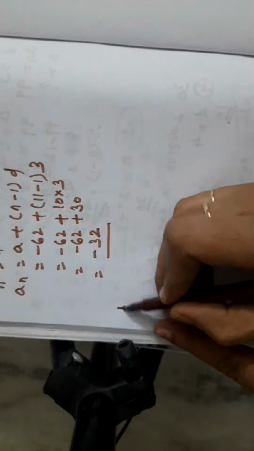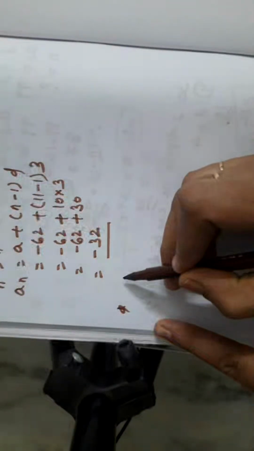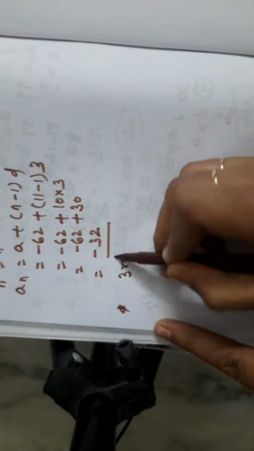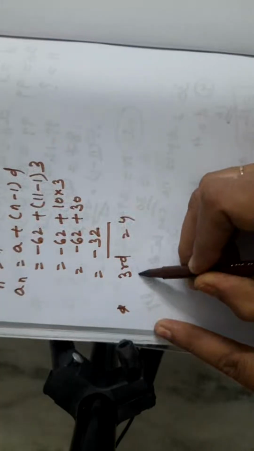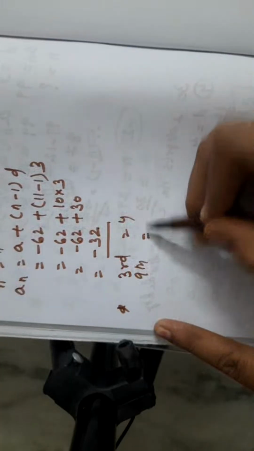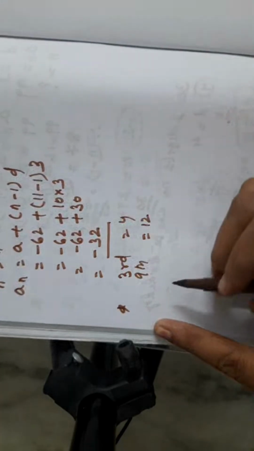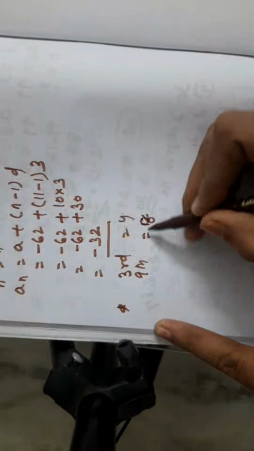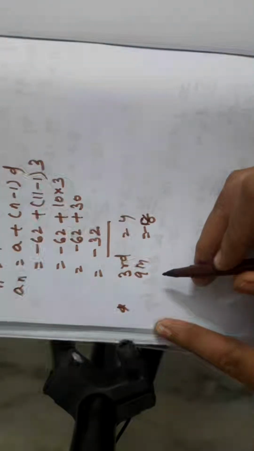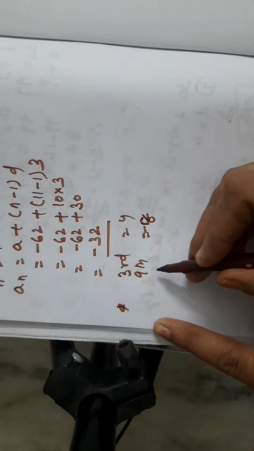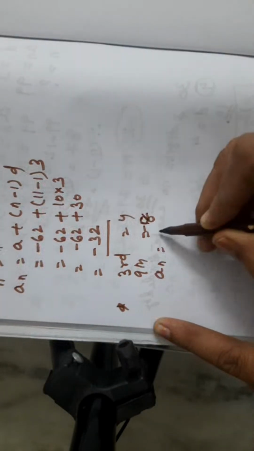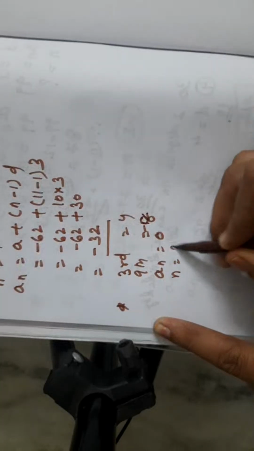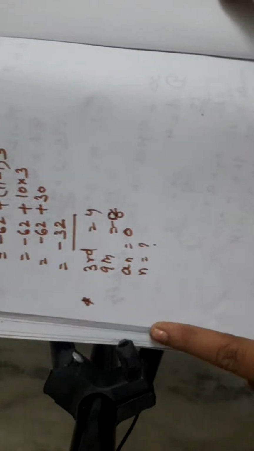So here in the question, the third term is 4 and the ninth term is minus 8. And which term is 0? So an is 0, n is the question mark. Which term is 0? So we are going to solve this question.